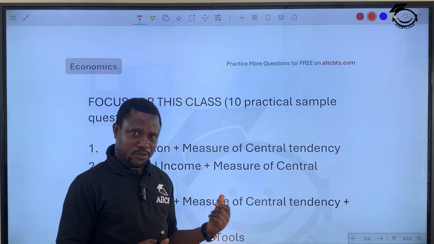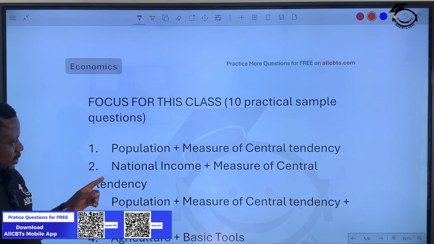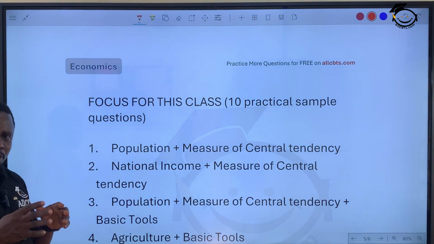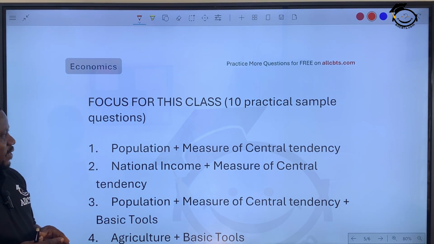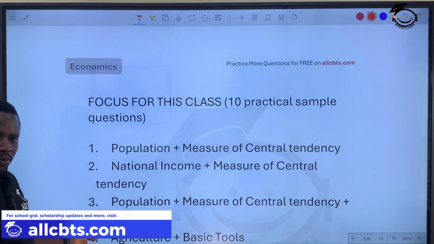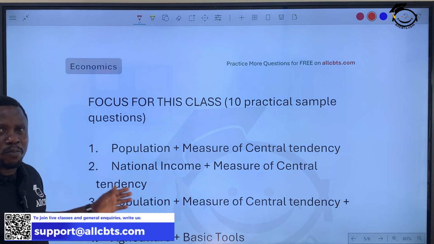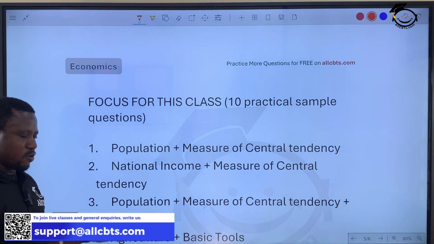You will see it when I display it and when I write it. Another is a national income question that combines measure of central tendency. Another question is a population question that has measure of central tendency as well as basic tools combined. 3 topics combined as one question.